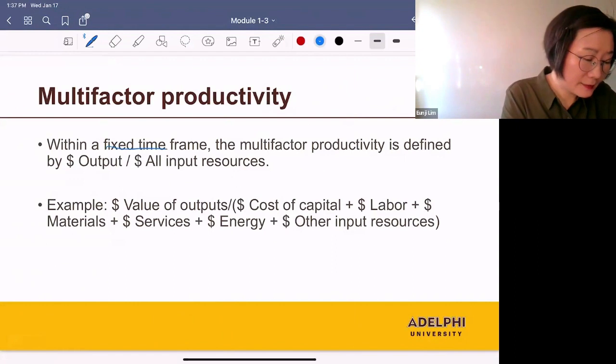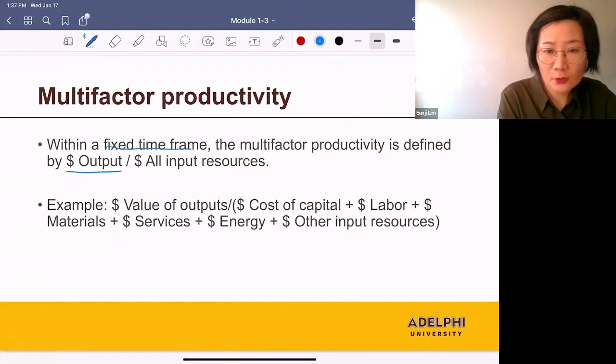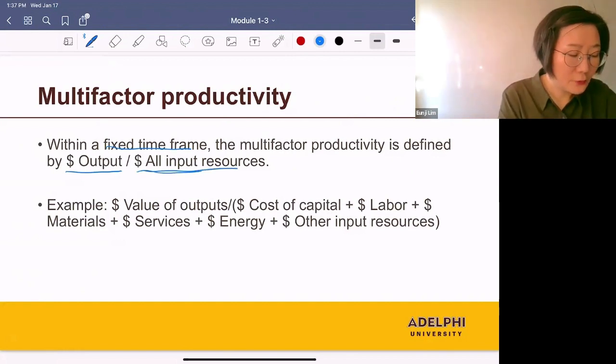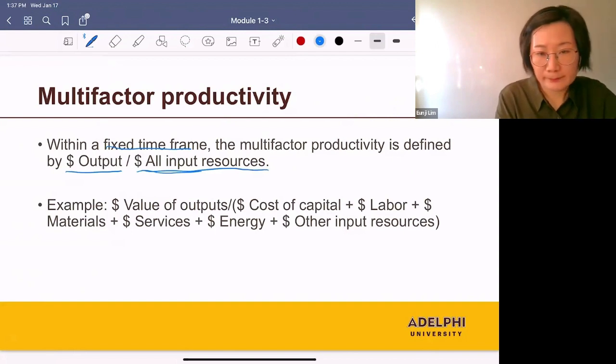Again, we fix the time frame, and we're going to compute the dollar value of all the output that's produced during the time frame divided by the dollar value of all the input resources.